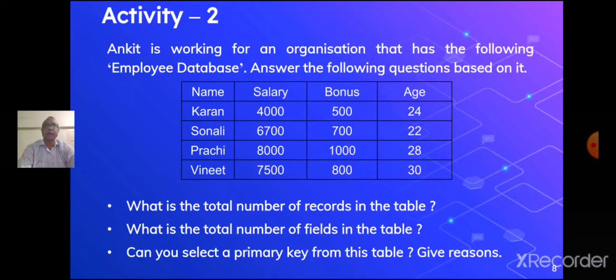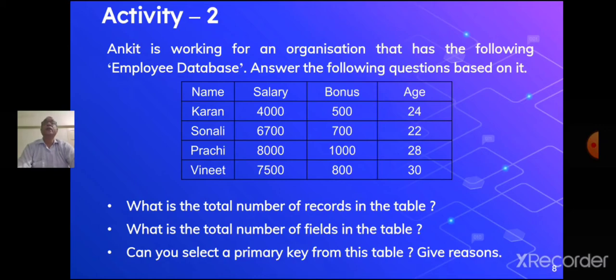What is the reason? The reason here is two or more people or employees can have the same name. They could be drawing the same salary or could be getting the same amount of bonus, or for that matter even the same age.